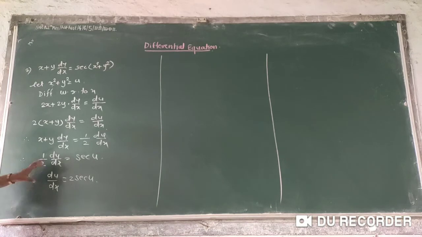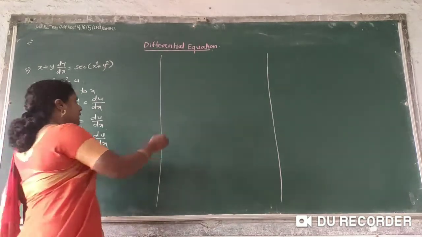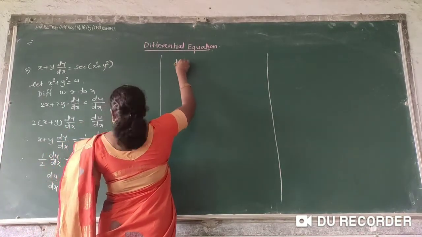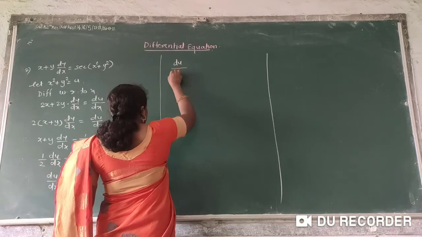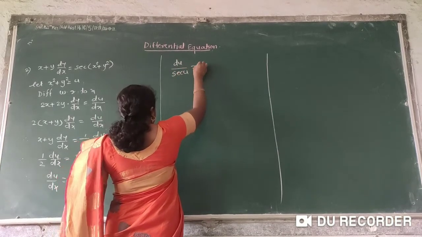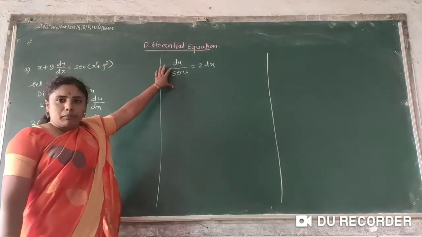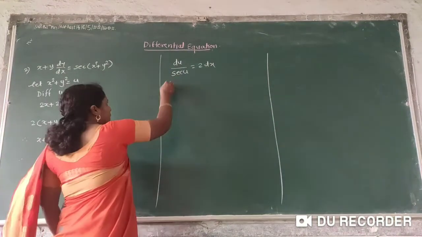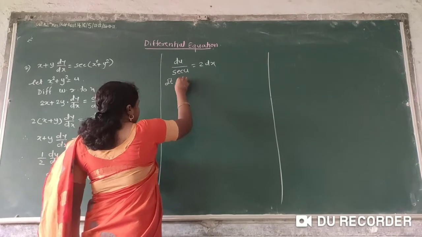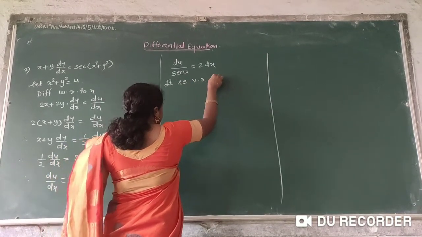This is a differential equation and the variables are u and x. It can be made variable separable. We get du upon sec u is equal to 2 dx, and this is the variable separable form.